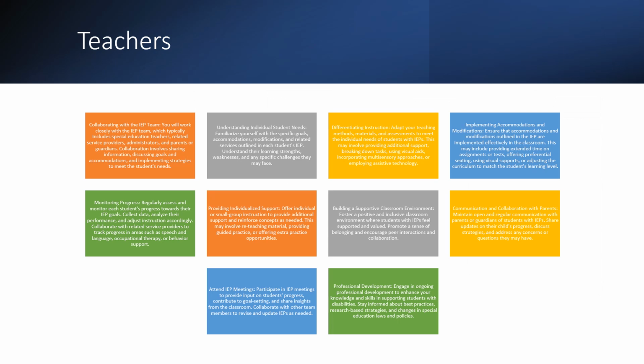So as a teacher, what your expectations are is to basically make sure you're collaborating with your IEP team and communicating with them. Sometimes the school day gets busy, but emailing and maybe talking with them or setting up a meeting if you have questions about how to help the student in the classroom.